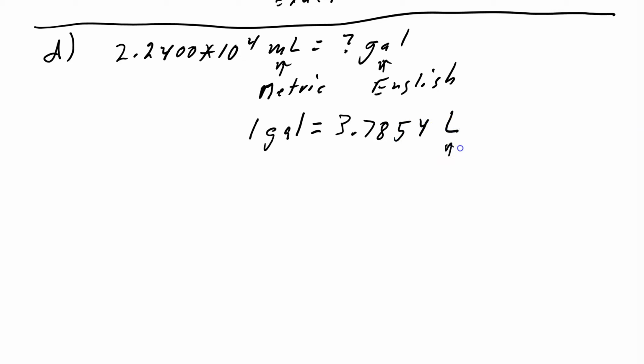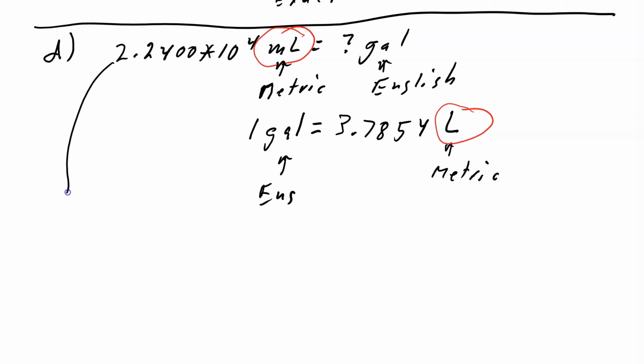So now I've got my metric unit here in liters. I have my English unit here in gallons. The only difference is that in the problem we are given a unit of milliliters, and in our conversion factor we have liters, but that's no problem because we know how to convert from milliliters to liters.